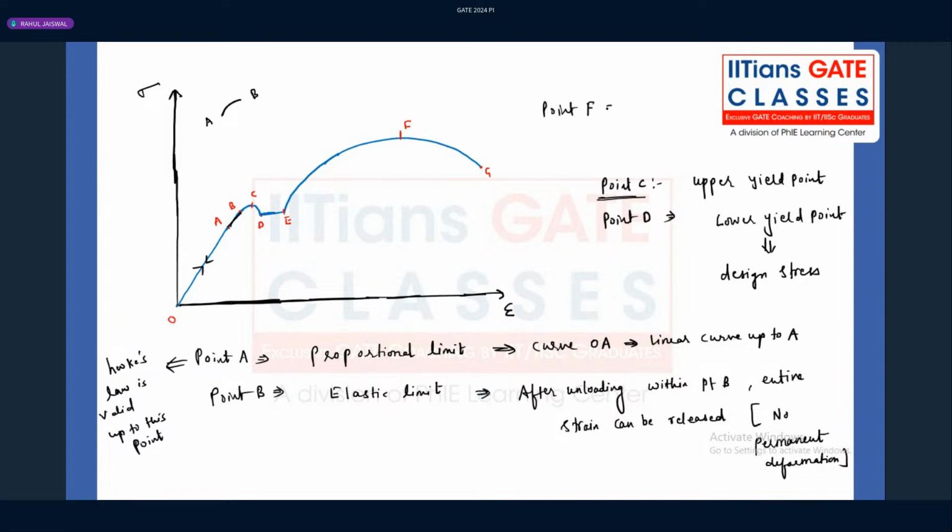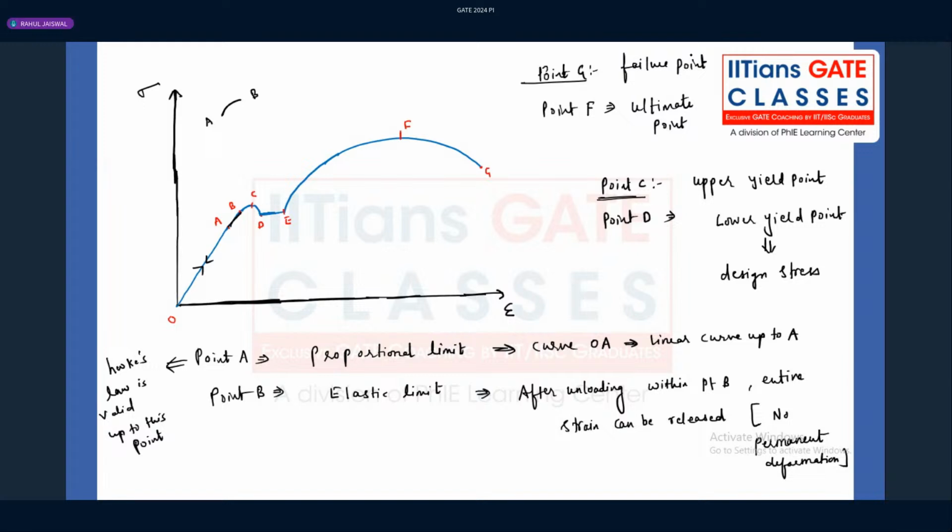What is the point F? Point F is basically the ultimate point, at which the necking will start taking place. And what about point G? The point G will be the fracture point, at which the material will fail.